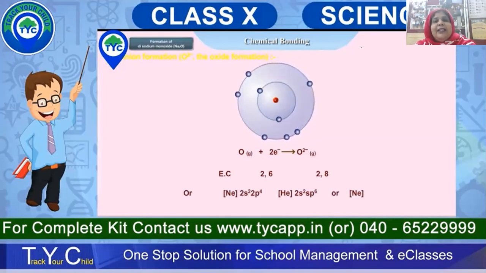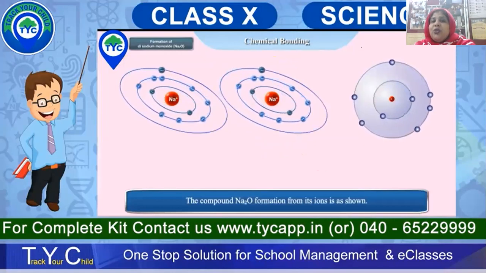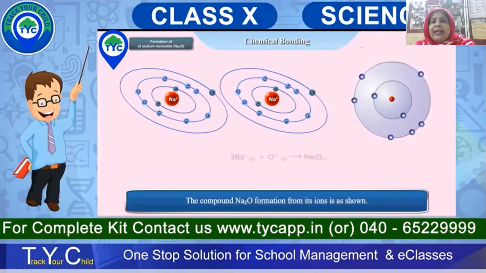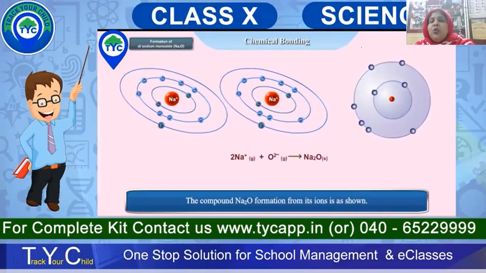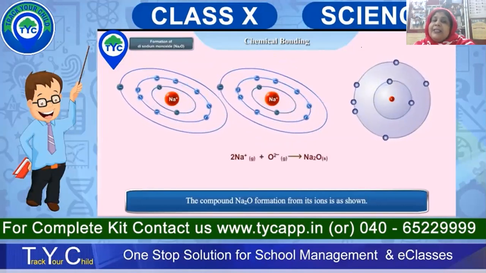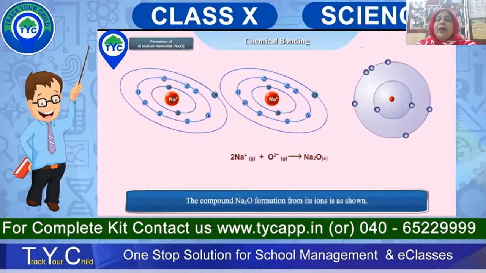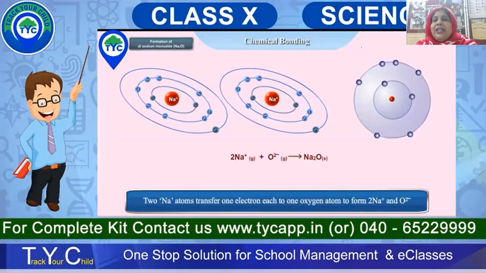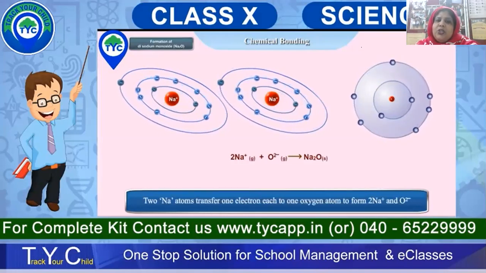That is the reason Na2O, sodium oxide, is formed: 2 sodium atoms have to combine with oxygen to form a stable sodium oxide. Sodium and oxygen are both in a gaseous form, and when they combine, they change their state to solid. So sodium oxide is a solid.